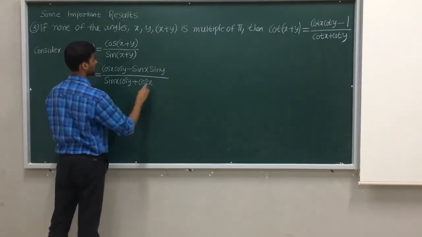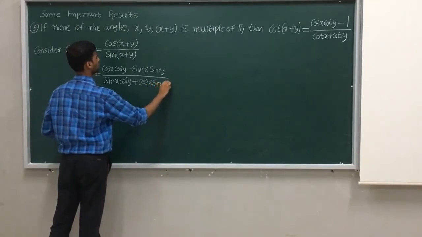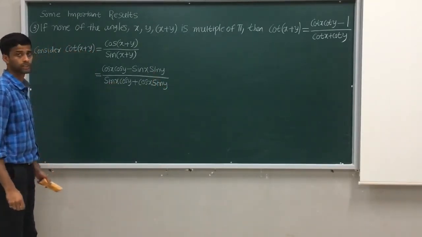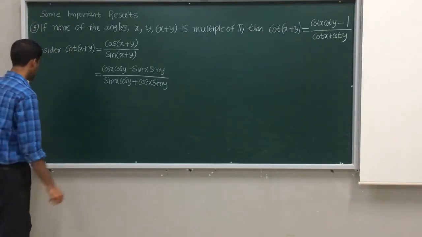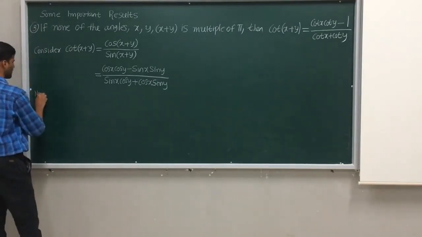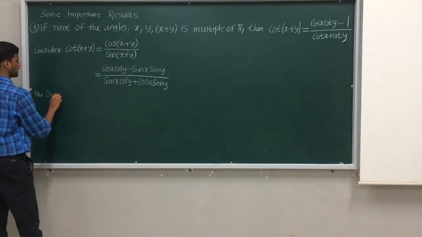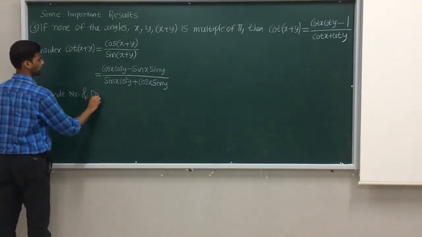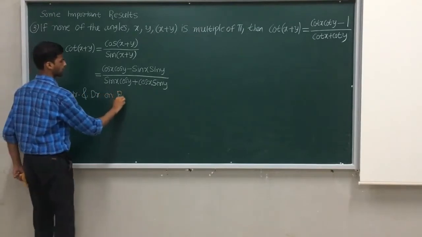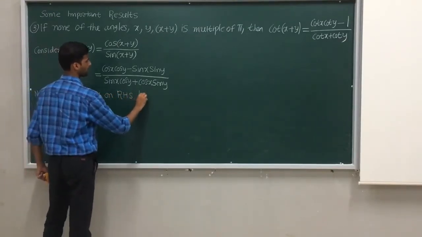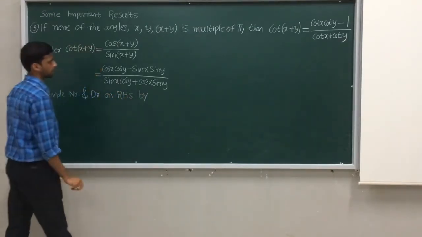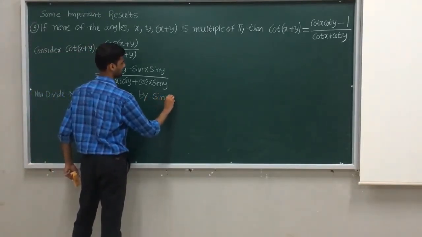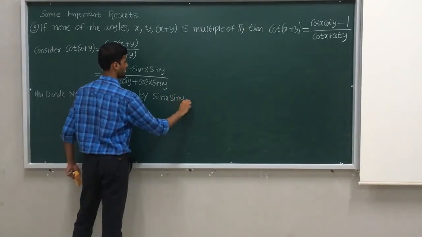Sin of x plus y is sin x cos y plus cos x sin y, that we proved in the previous video. Now divide numerator and denominator on the RHS by, can you guess, sin x sin y. What will we get?